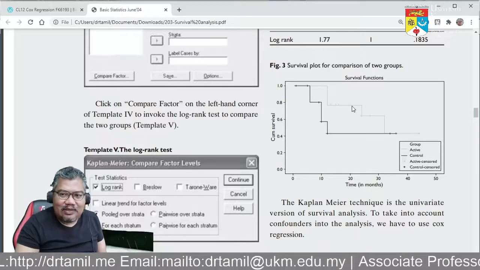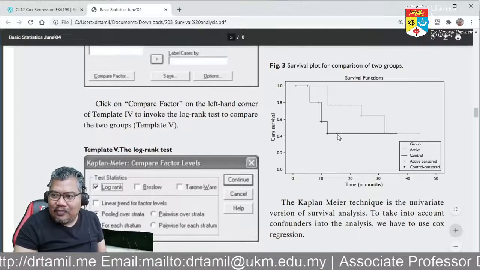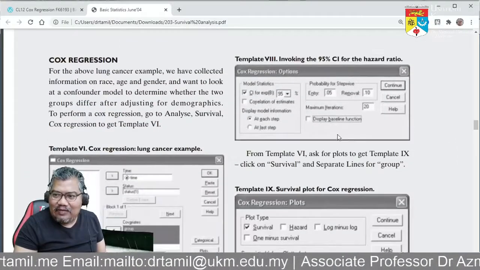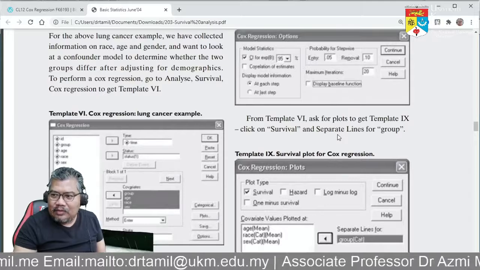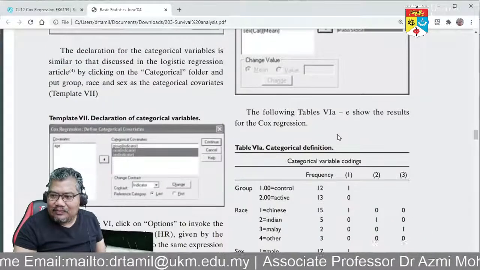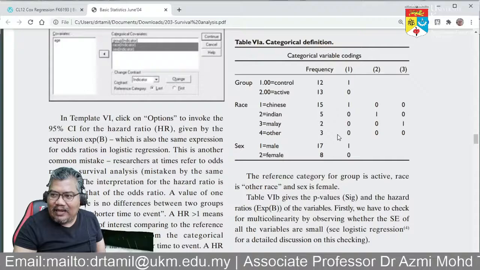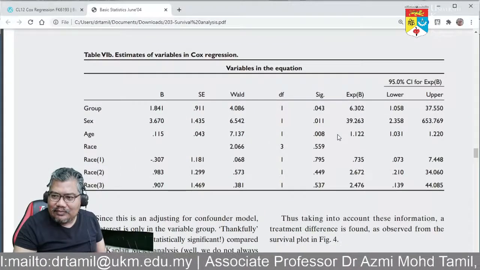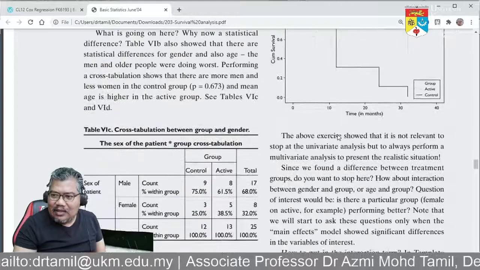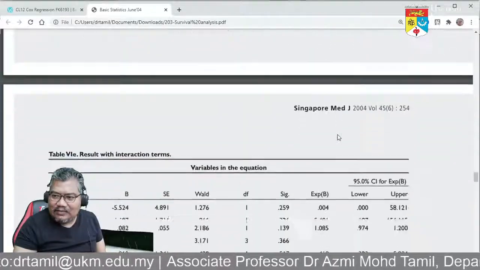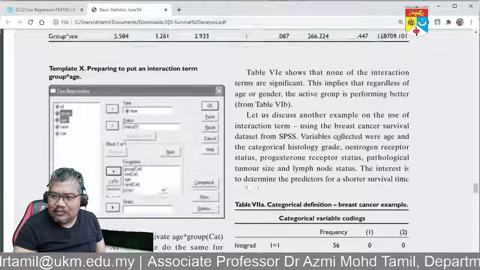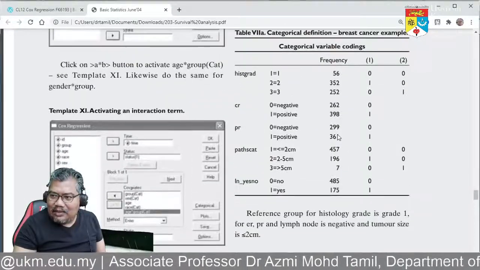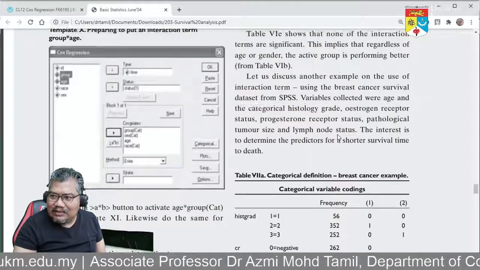So now we have to control for the confounding variable. To control for it, we have to run the analysis using Cox regression. I'm going straight to this analysis.